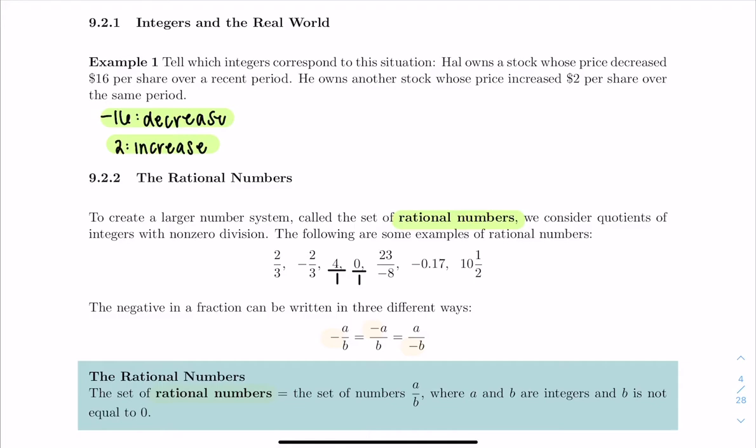And just as a tip, we can write a negative and a fraction in 3 different ways. We can either write it out front, in front of the fraction bar. We can write it on the top, or we can write it on the bottom. All 3 of these are equivalent.